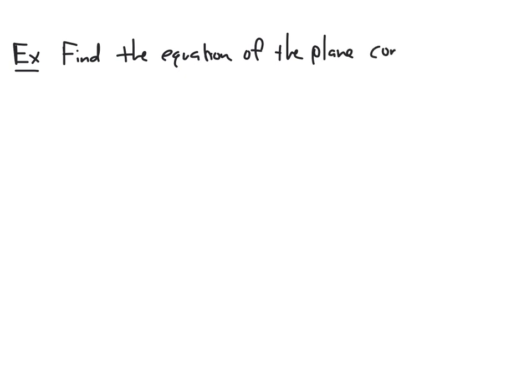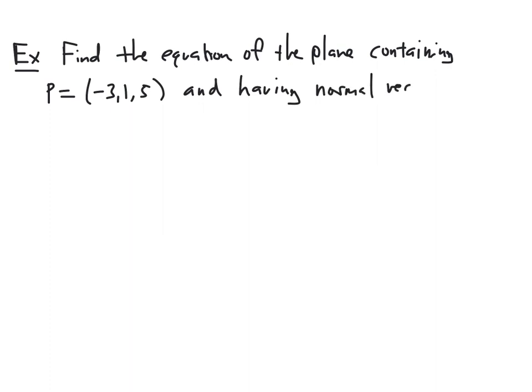So let's do a quick example involving equations of a plane. So let's say we wanted to find the equation of a plane that contains the point P, which is given by coordinates -3, 1, and 5, and having a normal vector which we'll call n, which is the vector 2, -4, 1.